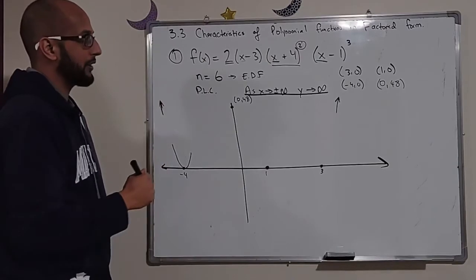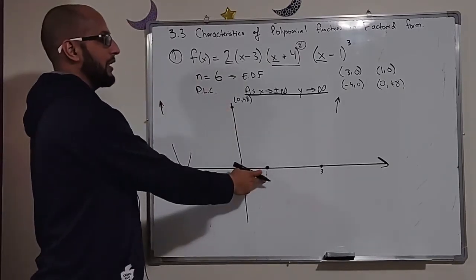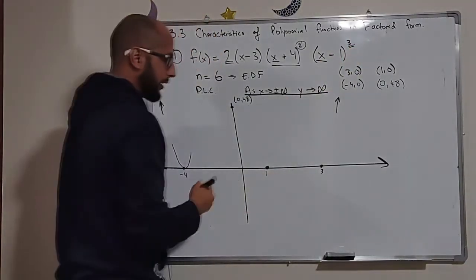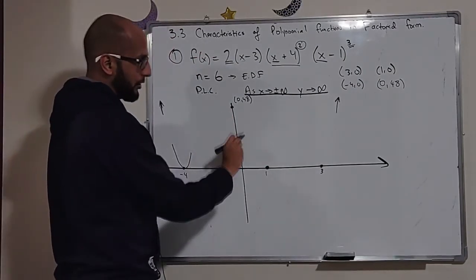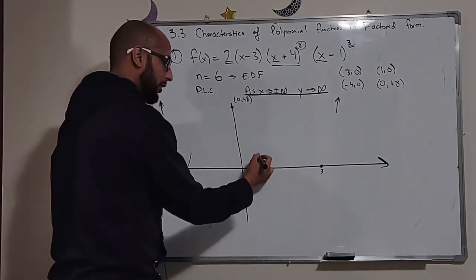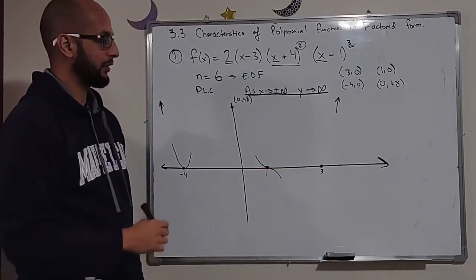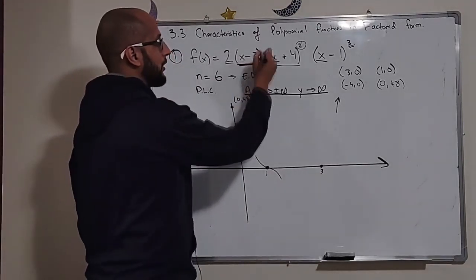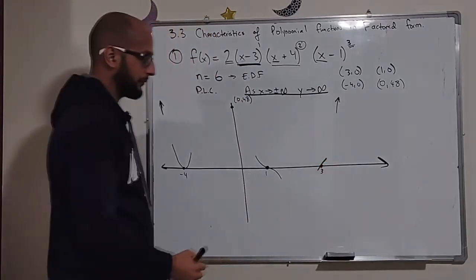The next intercept is 1. At x equals 1, the behavior is cubic. It'll go up to the top, hit the y-intercept, and come down, so it will go through in a cubic manner. Finally, at x equals 3, the degree is 1, so it's just going to be a line going through here.